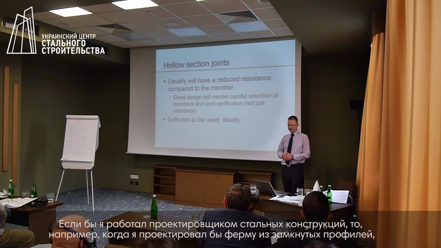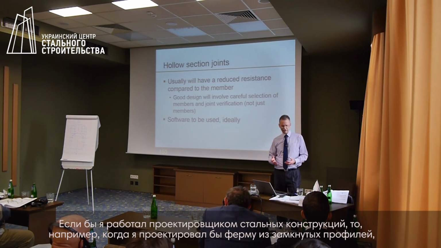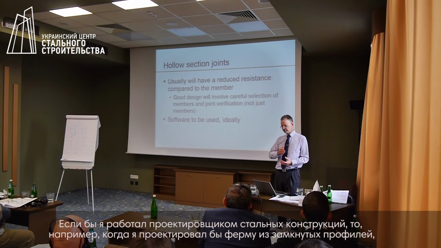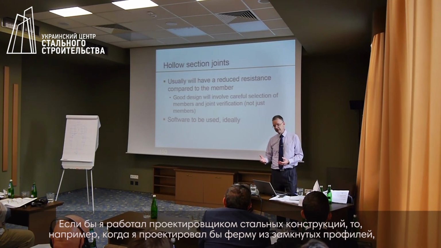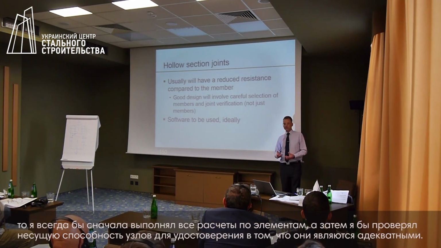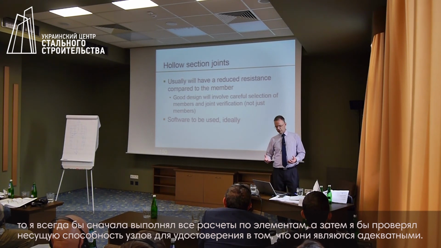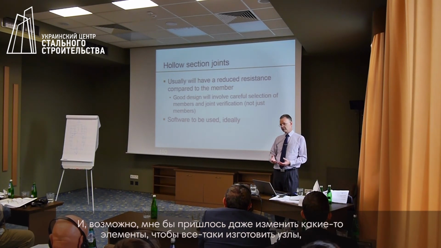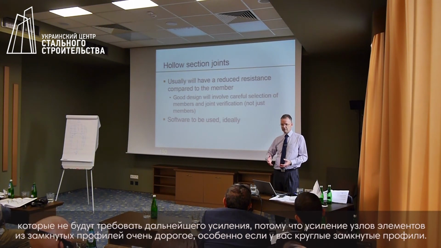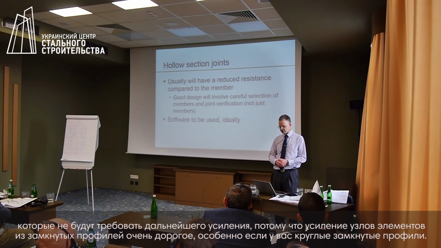When I practiced as a steelwork designer, if I was designing a truss in hollow sections, I would complete an initial design, and then I would check the joint resistances and make sure that they were adequate. And perhaps I would have to change my choice of members to make sure that the joints could be fabricated without strengthening. Because to strengthen a hollow section joint is very expensive, particularly if you have chosen circular hollow sections.